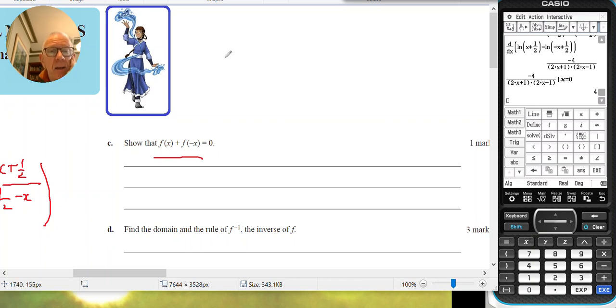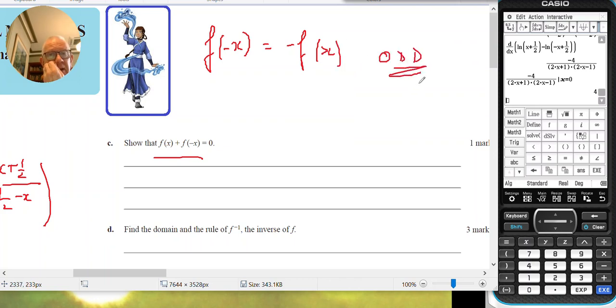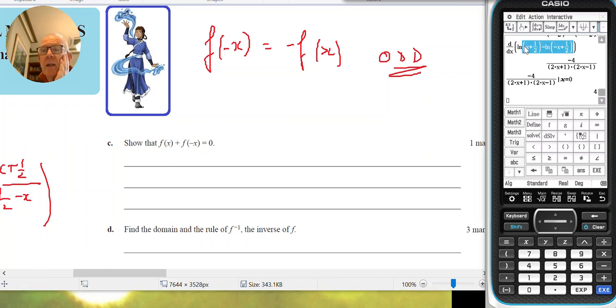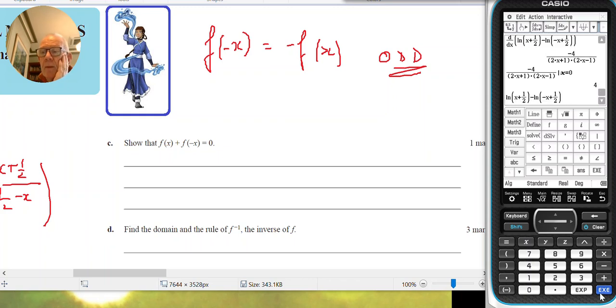Now this is the same as f of -x equals -f of x, therefore it is an odd function. We're going to show this an odd function. And the way they're asking it is to turn it into an equation. That's okay. So I know that f of x is, if I take my inside here, and I'll simplify that answer.